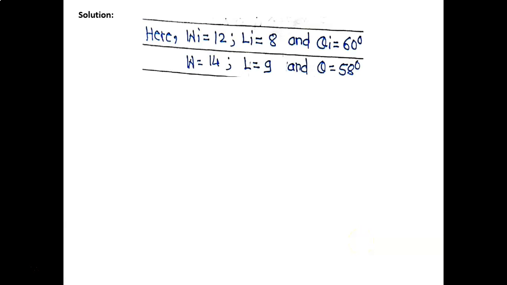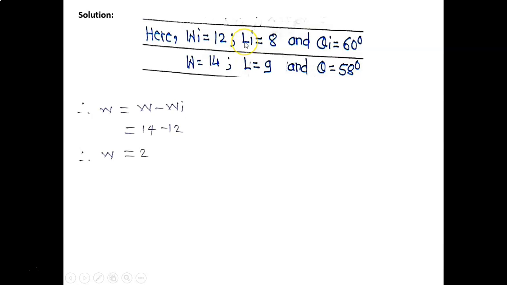Therefore next, solution. Here Wi is equal to, that is the given data, 12, Li is equal to 8, theta i is equal to 60 degree, W is equal to 14, L is equal to 9 and theta is equal to 58 degree. Therefore we will find out the variation in these values, that is small w is equal to W minus Wi, which is equal to 14 minus 12, which is equal to 2.